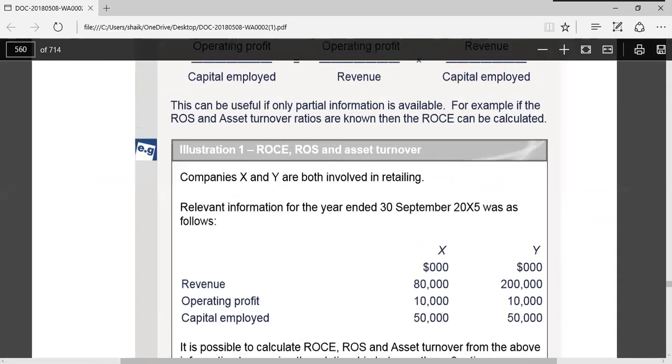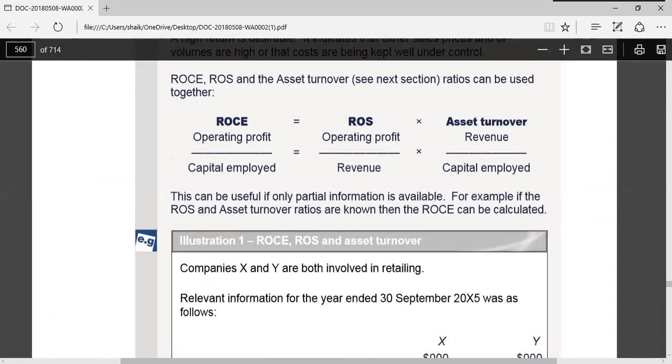So just a quick recap of the last class. If we see the ROS ratio, in the last class we have discussed 3 ratios.